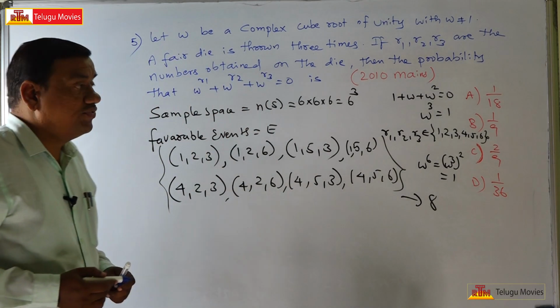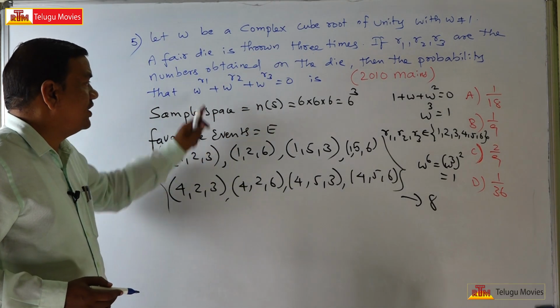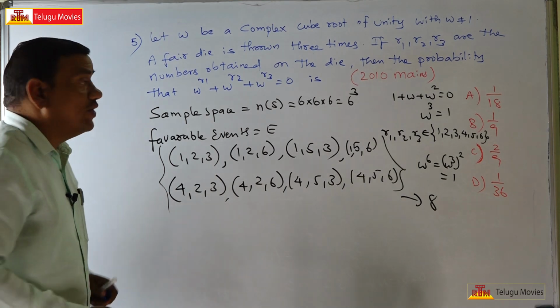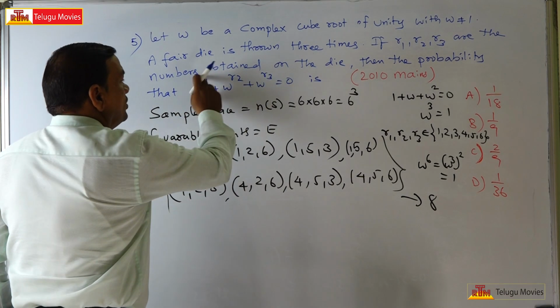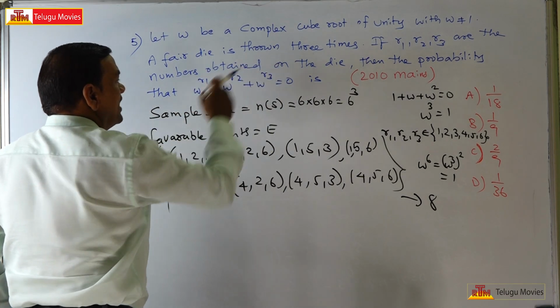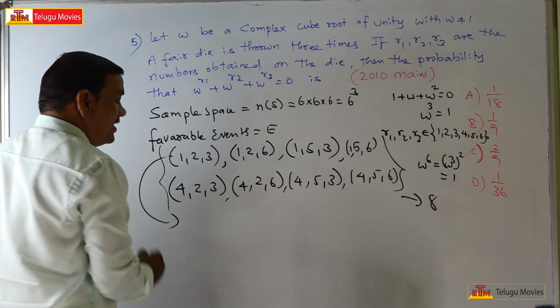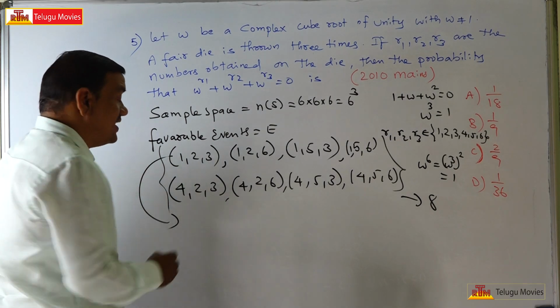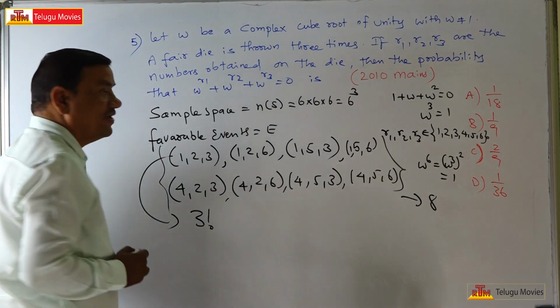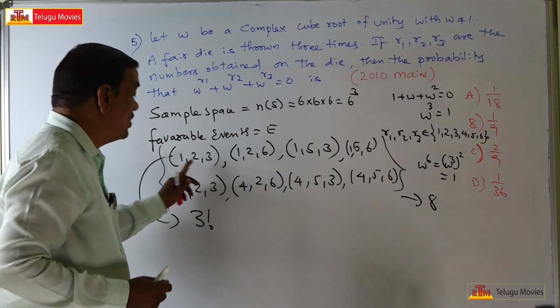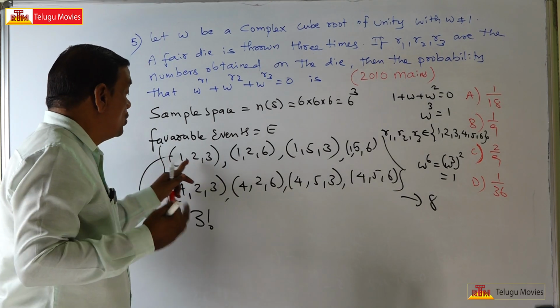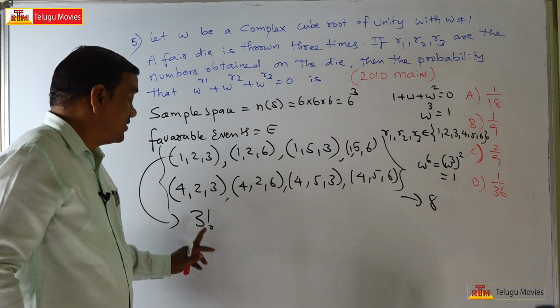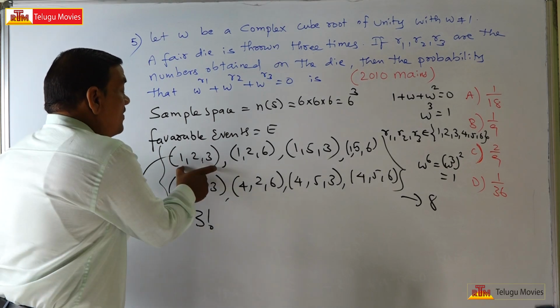If you observe 1, 2, 3, you can arrange it as 1, 2, 3, 3, 2, 1 and so on. In how many ways can these numbers be arranged? 3 factorial ways. 1, 2, 3 is one option, 2, 3, 1 is another option. So 3 factorial means 6 events will come.